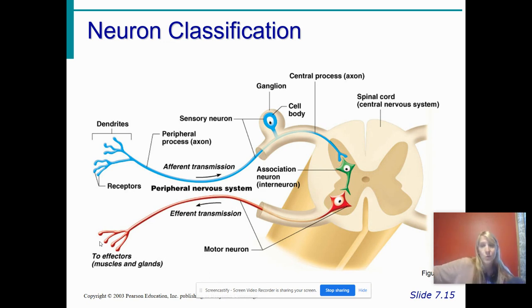I would just let that go. So my efferent neuron would be like, I don't care. So I wouldn't respond. So sensory neurons go toward the brain and spinal cord. Motor neurons go away from the brain and spinal cord. Motor neurons, once they hit the muscles and glands, are called effectors.